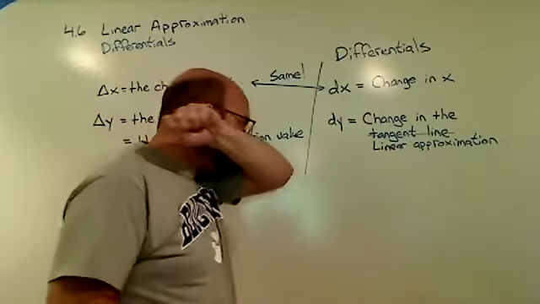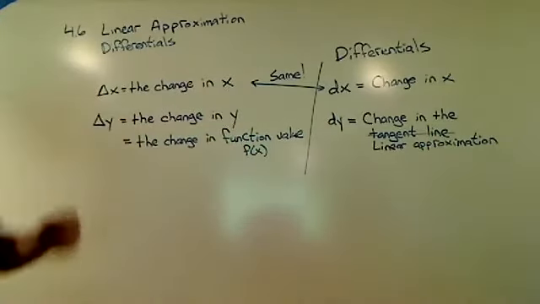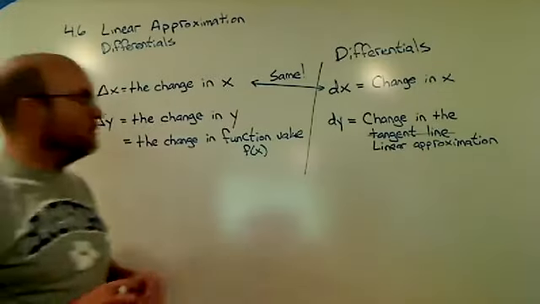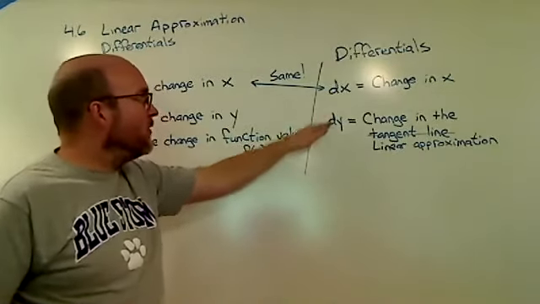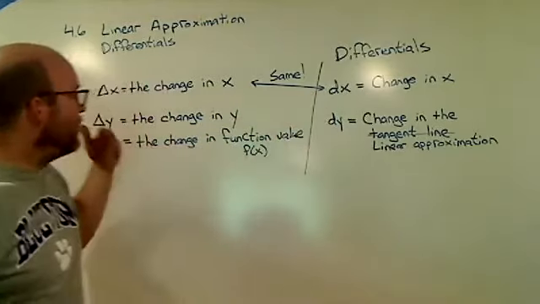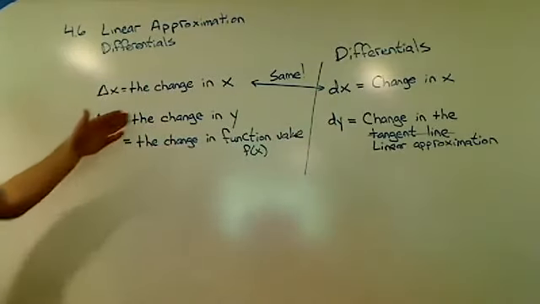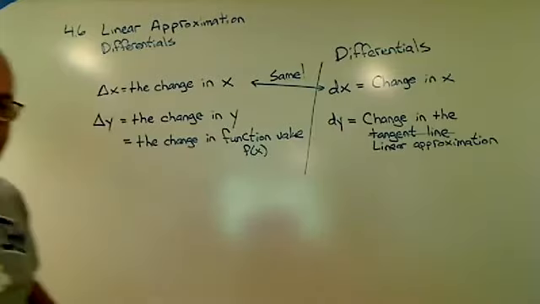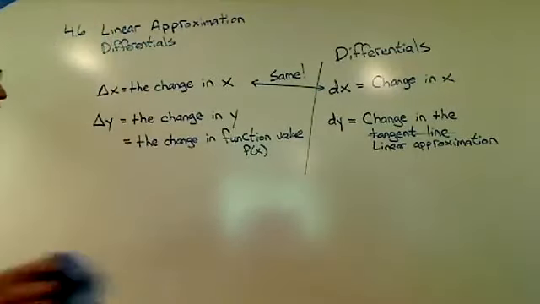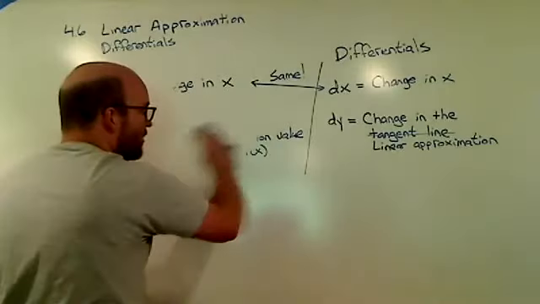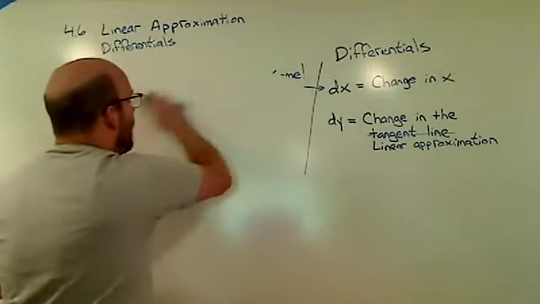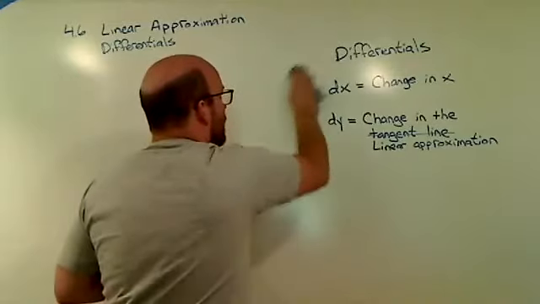Okay, so what's going on is we can use, again, these differentials to kind of estimate how much the function is changing without actually coming through and having to deal with some function values. Okay, so let's leave that over here and get rid of this, because we're not actually going to be finding any changes in y. We're going to be focusing on the differentials.